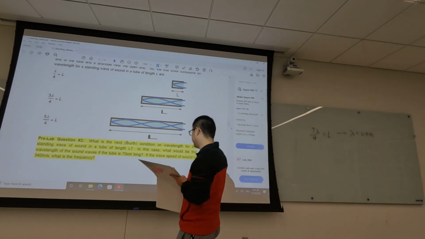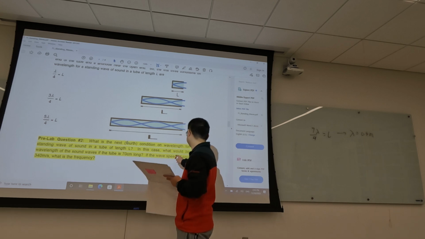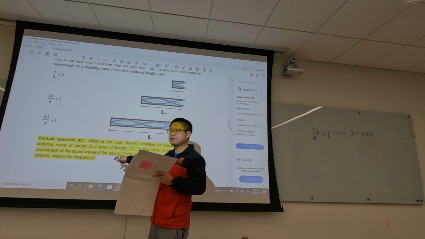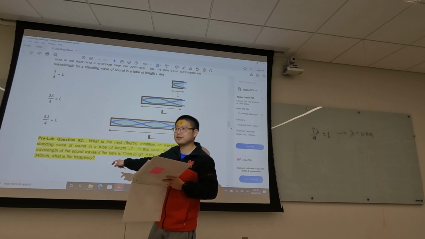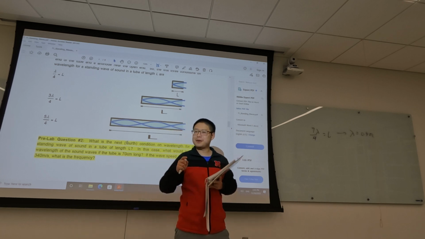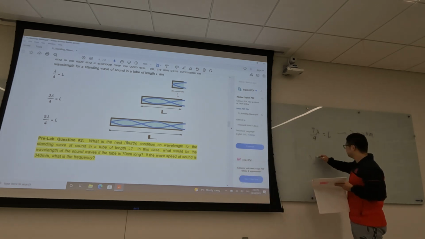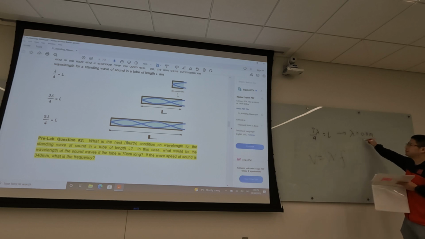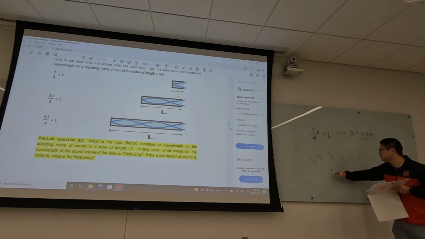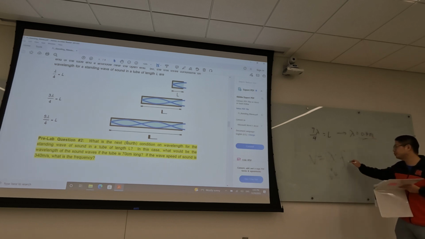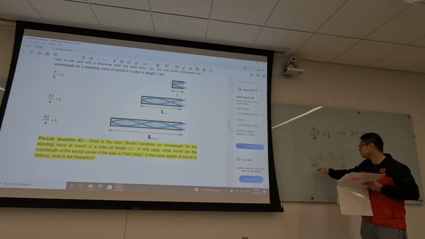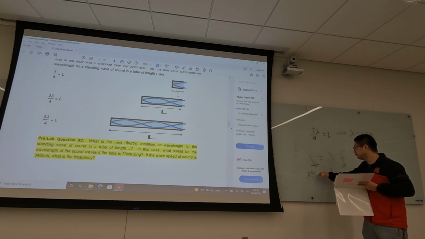Next, if the speed of sound is 340 meters per second, what is the frequency? Can you calculate the frequency? Remember this equation, right? v equals lambda times f. Here we obtained lambda, which is 0.4. We do not know the frequency, but we are given the velocity, which is 340 meters per second.